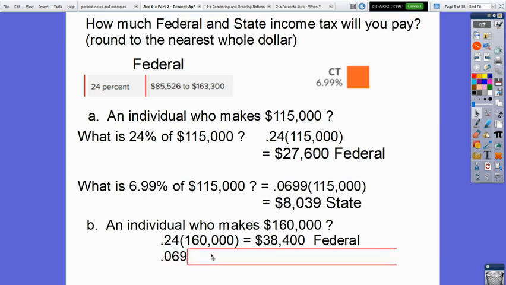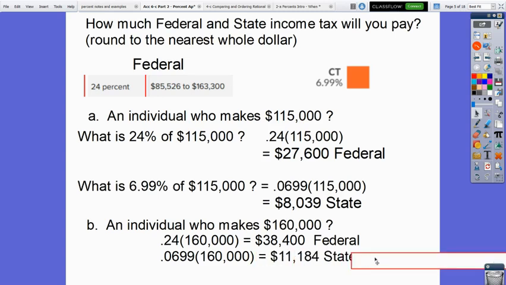And the state, 0.0699 times $160,000, $11,184 in state income tax. So this person that makes $160,000 a year pays almost $50,000 a year, $49,500 to the government.